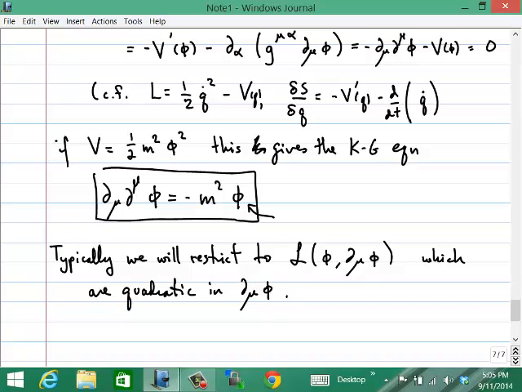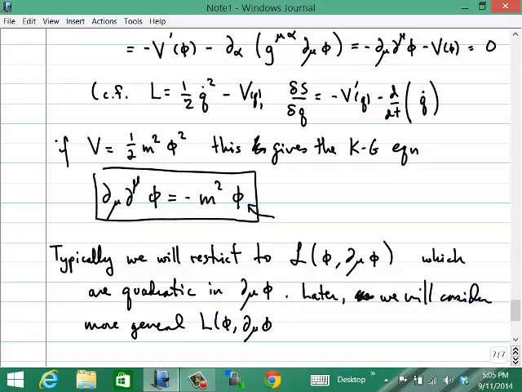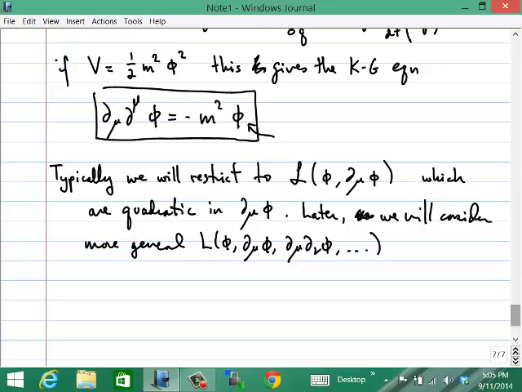But later on in this course, when we discuss effective field theory, we will need to consider more general functions, where you might have dependence on more derivatives, higher derivatives of φ, or where you might have higher powers of single derivatives of φ.